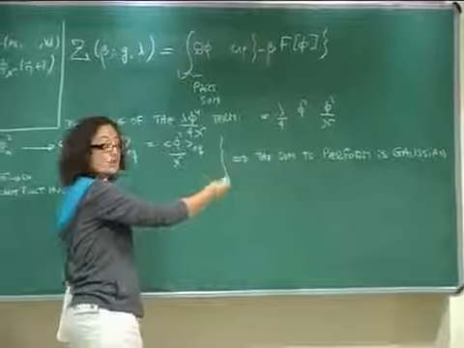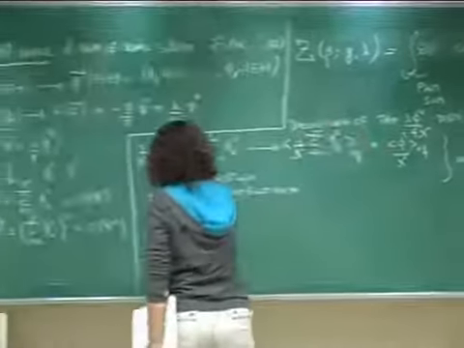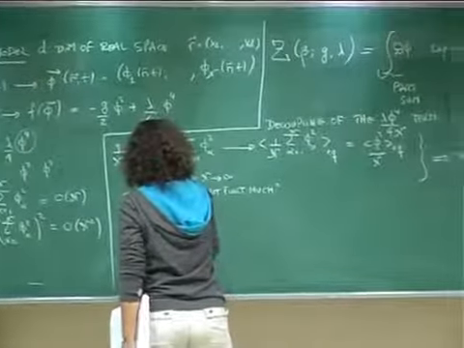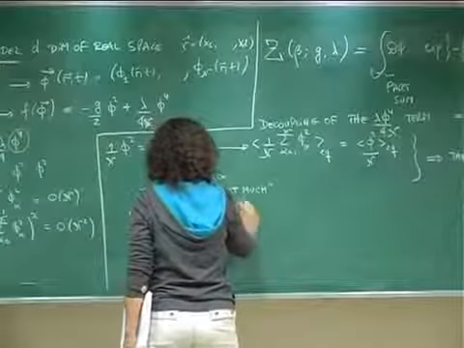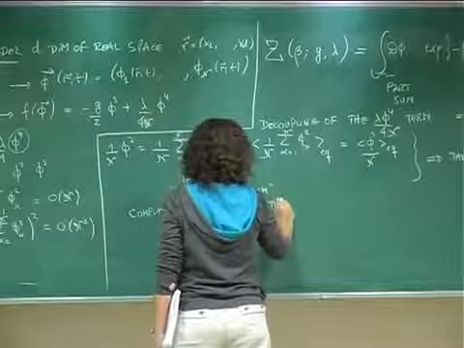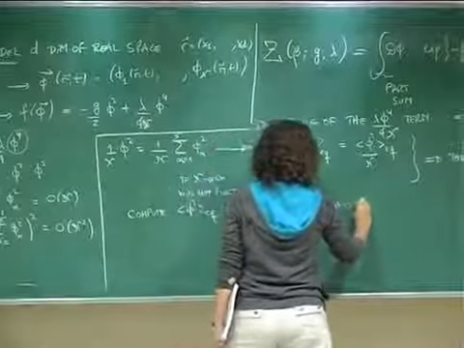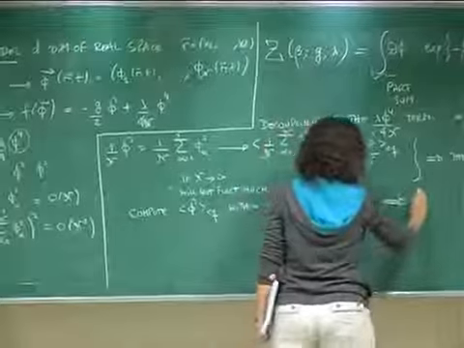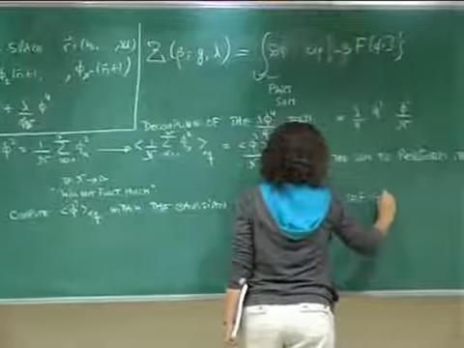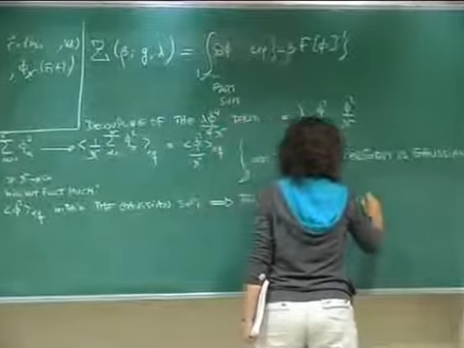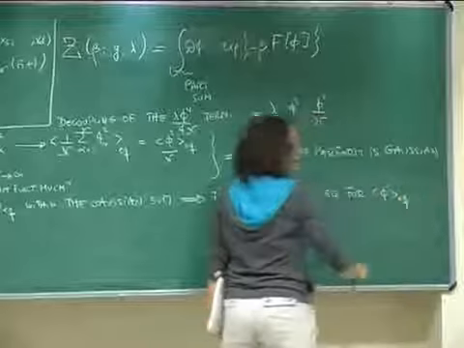Because within the Gaussian, I can compute this average, phi squared x, within the Gaussian sum, and find a self-consistent equation for this phi squared x.